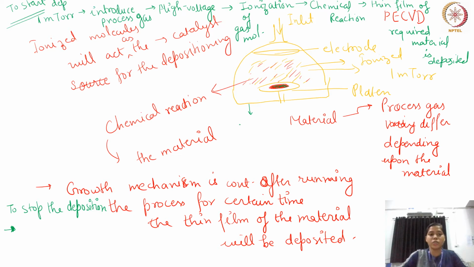So what will be the case to stop the deposition? What will we do now? Anyone? Any idea? Okay, so once this is completed, say I want to deposit 220 nanometer of the required film. Once this is finished, first of all I will stop the RF power supply.